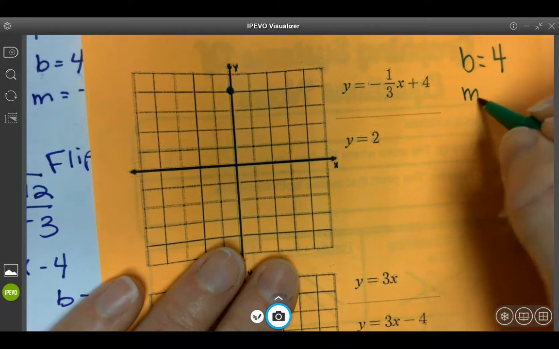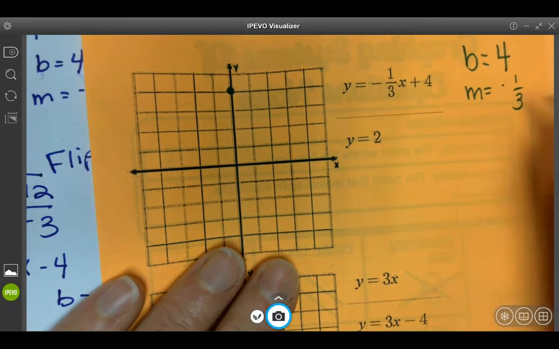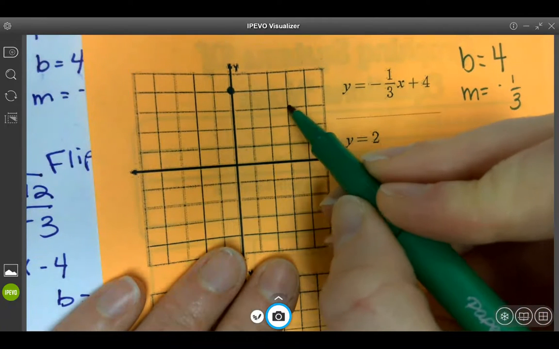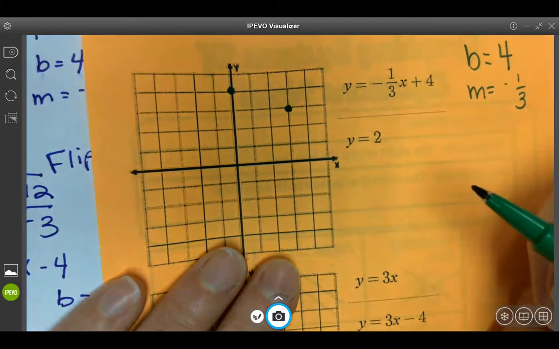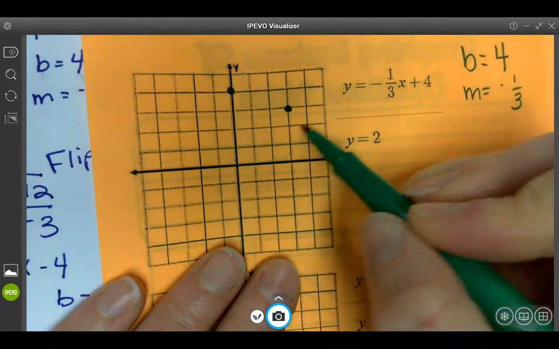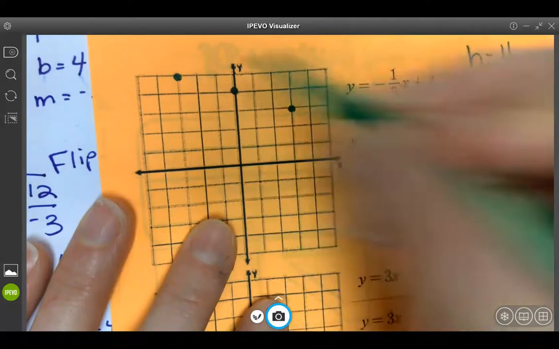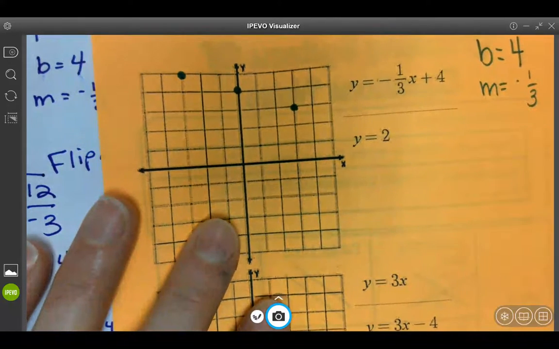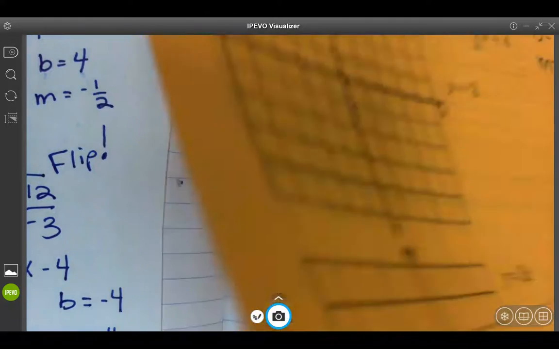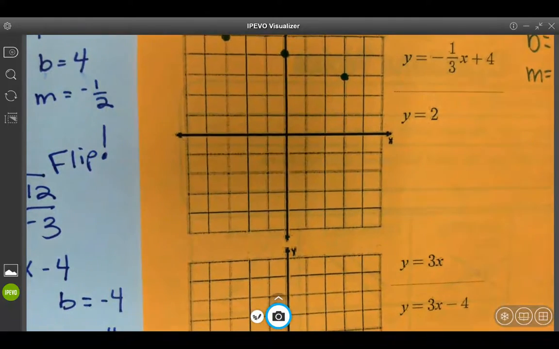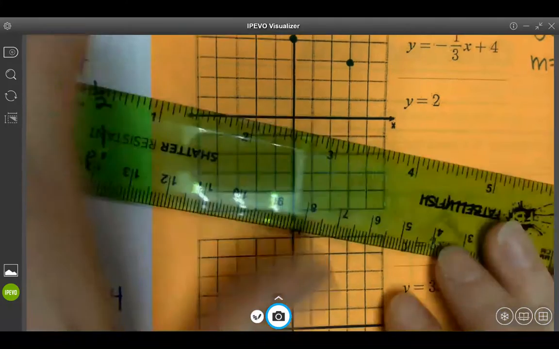And our slope is -1/3. Down 1/3. I can't go down and over 3 again, but I can go up and left. Okay, so go ahead and graph it. Make that line and name it.